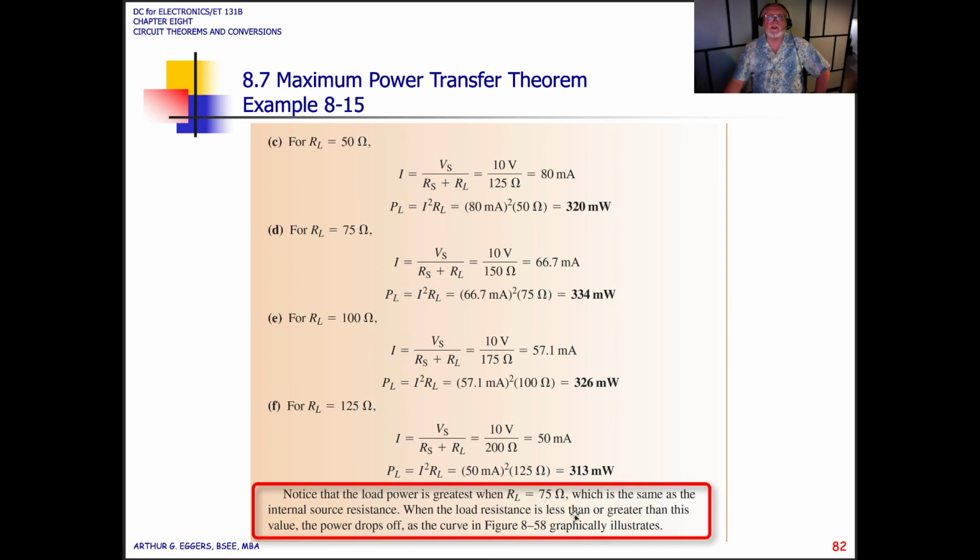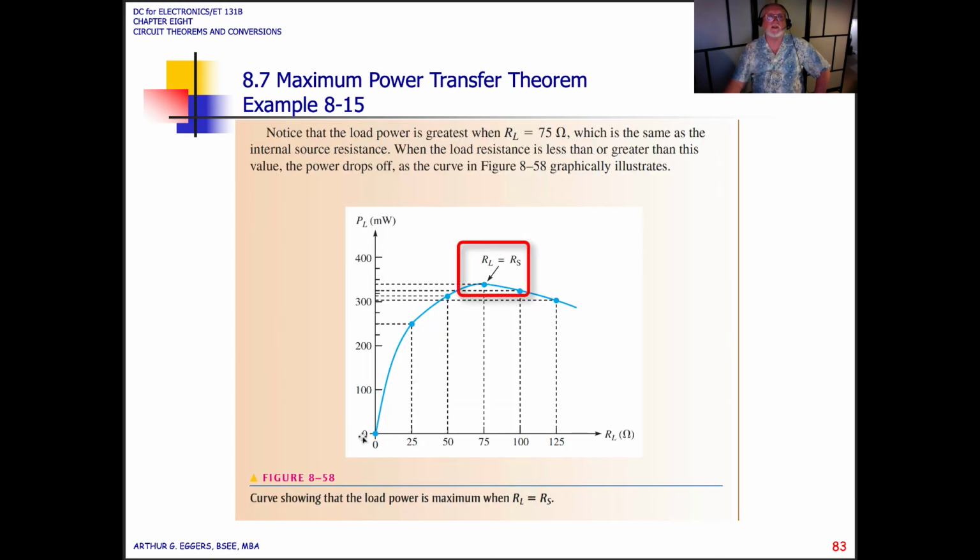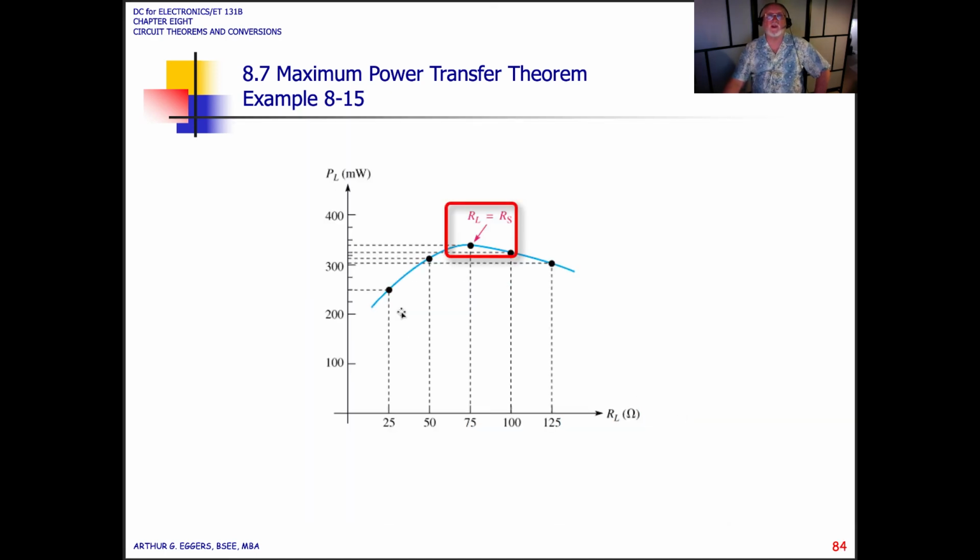When the load resistance is less than or greater than this value, the power drops off, as the curve here will indicate. You can see we came up, we came up, we came up, we hit some maximum point, maximum power, R sub L is equal to R sub S, and then it starts to trail off again.